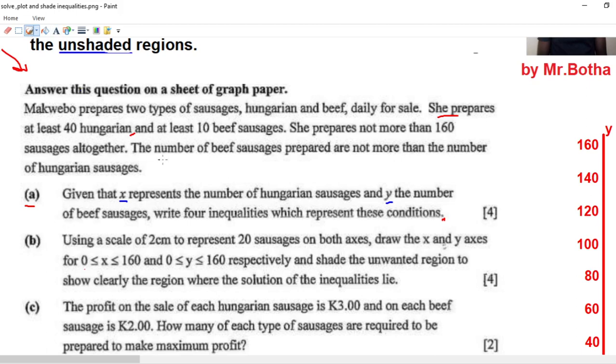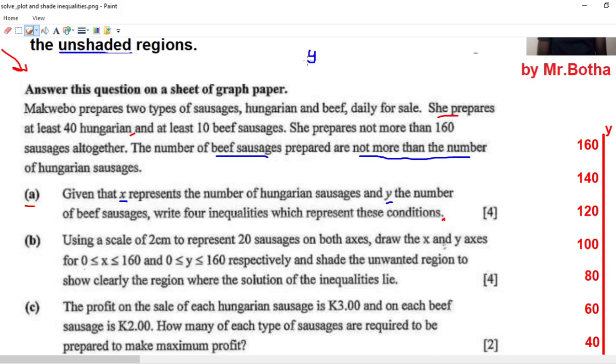It reads, the number of beef sausages prepared are not more than the number of Hungarian sausages. So y is not more than x. Now, what does that mean again?